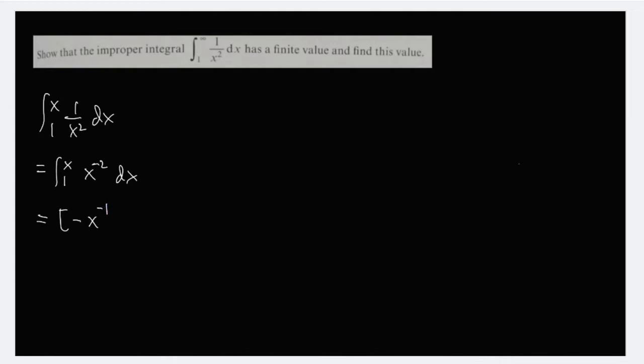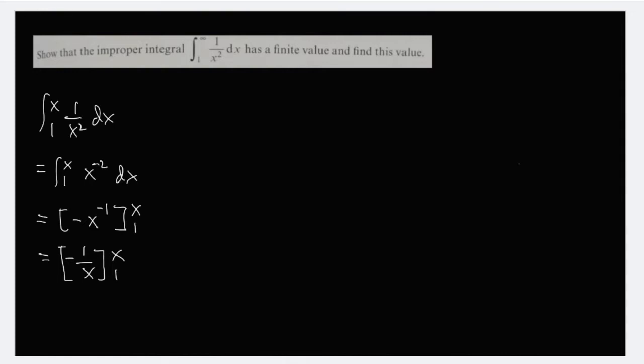So our limit is from 1 to x. Now, we can also simplify this one. We can rewrite this as negative 1 over x. So the same limit, from 1 to x.